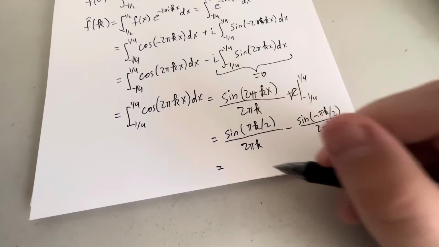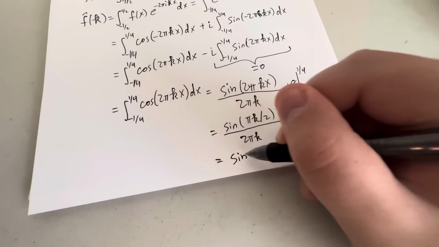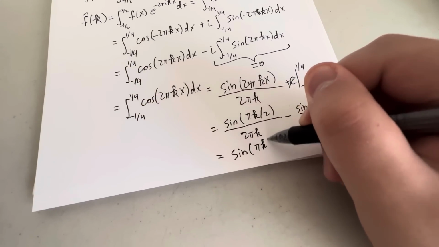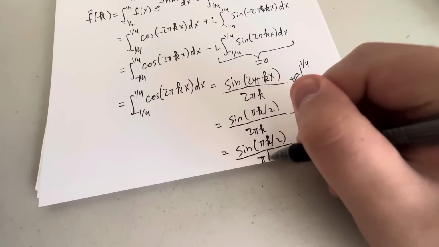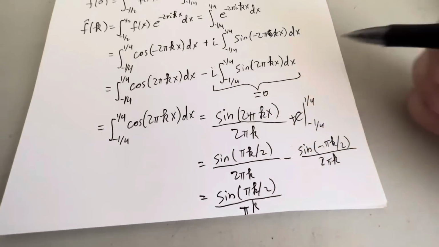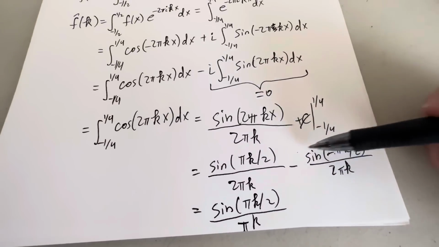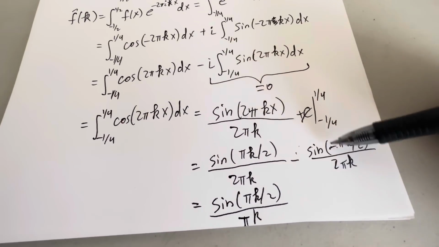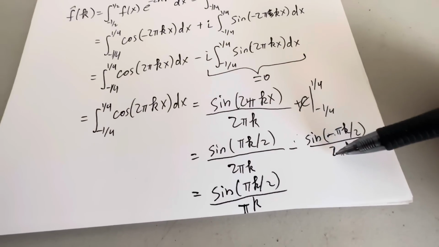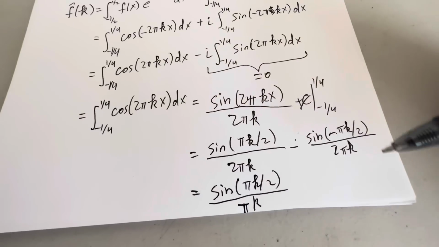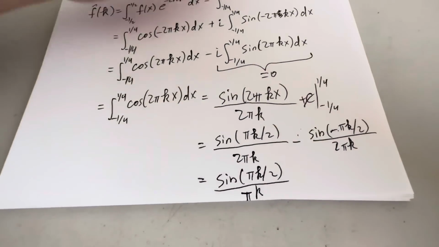So if the negative comes out, then I'll just end up with sine pi k over 2 divided by pi k. I skipped a few steps there, but if the negative comes out, this becomes plus, that becomes plus. Then I'll have 2 of these, and those 2's will cancel with this 2. So I end up with sine pi k over 2 divided by pi k.